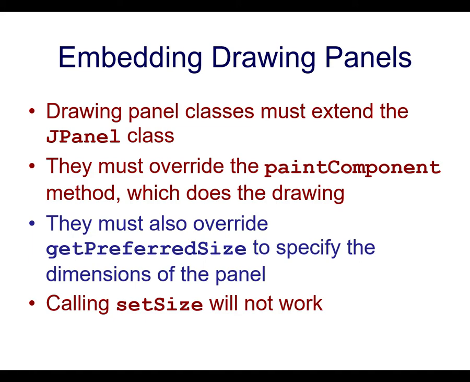These methods are called by the layout manager to help it decide how much space to allocate to the panel. If we fail to include getPreferredSize, the panel will not appear. Although setSize is what is used to set the size of frames, calling setSize will not work for embedded panels.